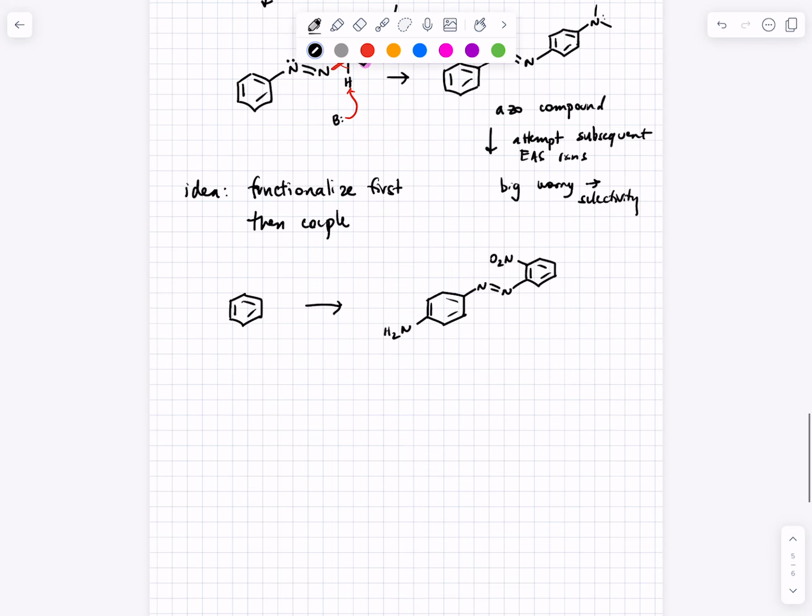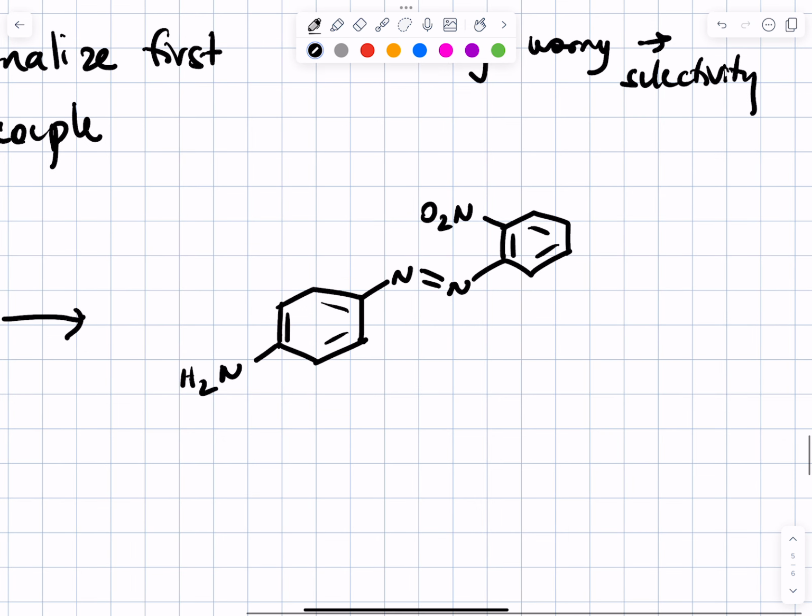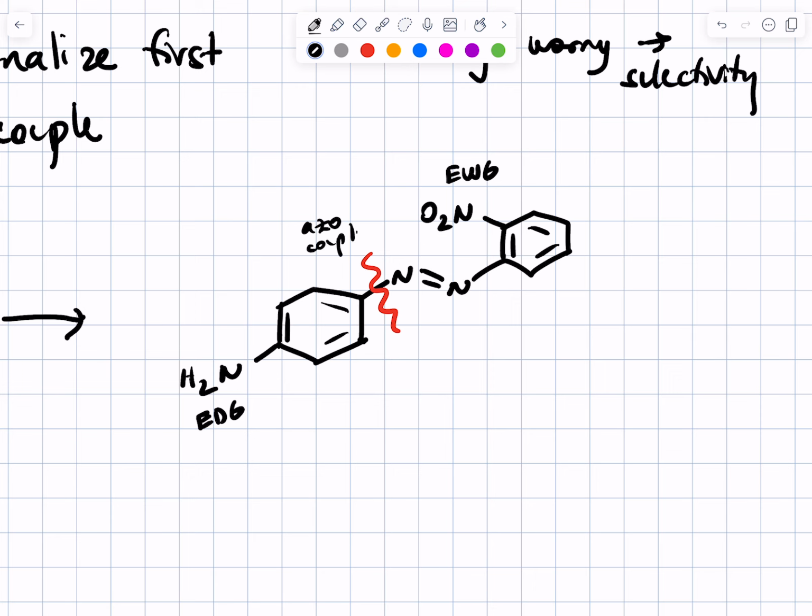So we can approach this problem with retrosynthesis. As I look at the two rings on either side of this azo compound, I see that one has an electron withdrawing nitro group, whereas the other has an electron donating group. So right away, I am thinking, let's do the azo coupling reaction this way. Let's have this side be the nucleophile and this side be the electrophile.